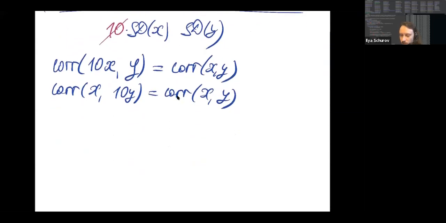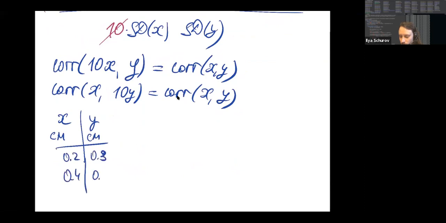So it is possible that we have an initial data frame where x is measured in centimeters and y is measured in centimeters. And we have something like this.